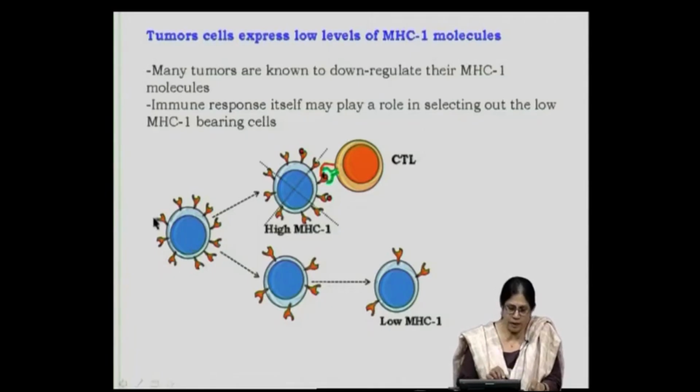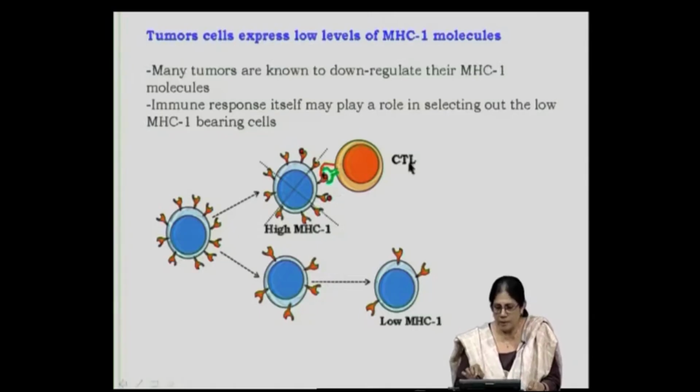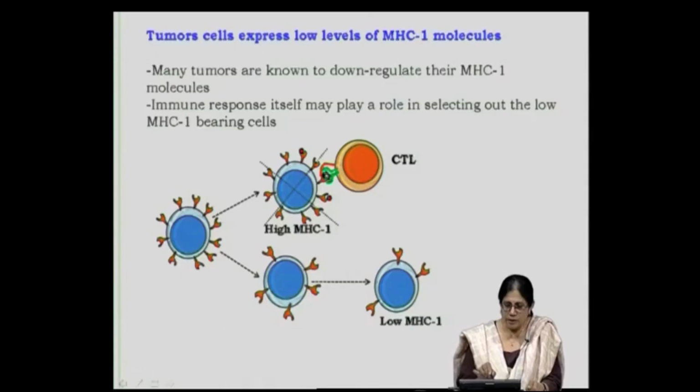If you have a good number of these molecules, there is no reason why the MHC1 molecules would not express the antigenic peptide on the cell surface, which would be recognized by the cytotoxic T cells of the same individual, which can recognize self MHC and thereby the peptide in the context of self MHC and bring about killing. I have not shown how the killing is because of perforin and granzymes.